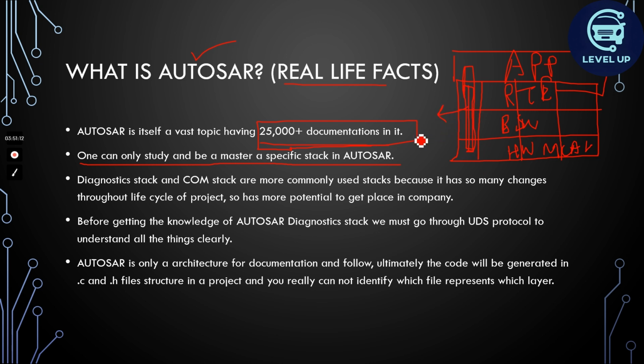This particular vertical section is called a stack. One person can ideally learn one stack or two stacks maximum, and should learn that only, because learning all of AUTOSAR is not possible, since so many documents are there. So we need to target any one stack.